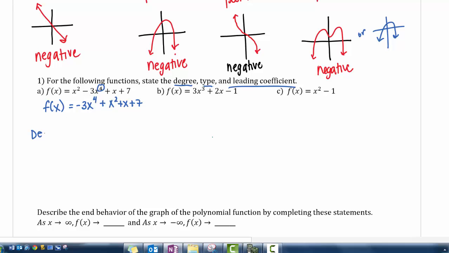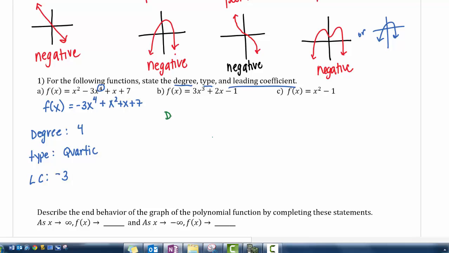So we say the degree is 4. This is a quartic. The type is quartic. Every x to the fourth is what we classify as quartic. That's what we wrote up here. And the leading coefficient is just the number in front of that term that has the highest exponent. So this leading coefficient is -3.